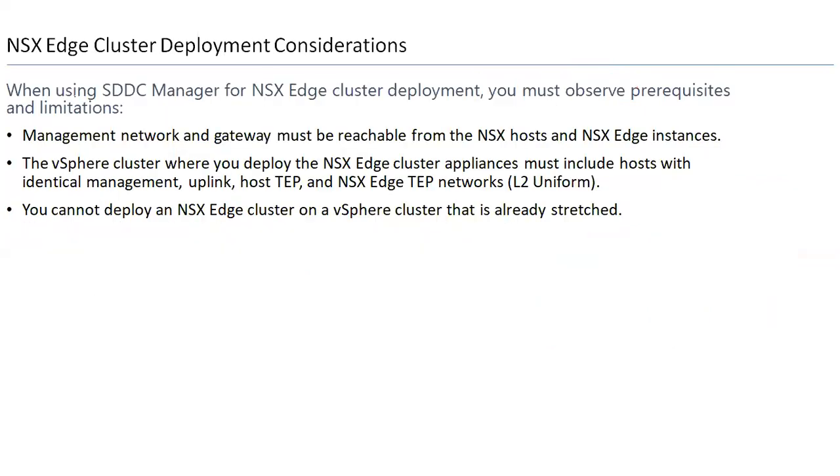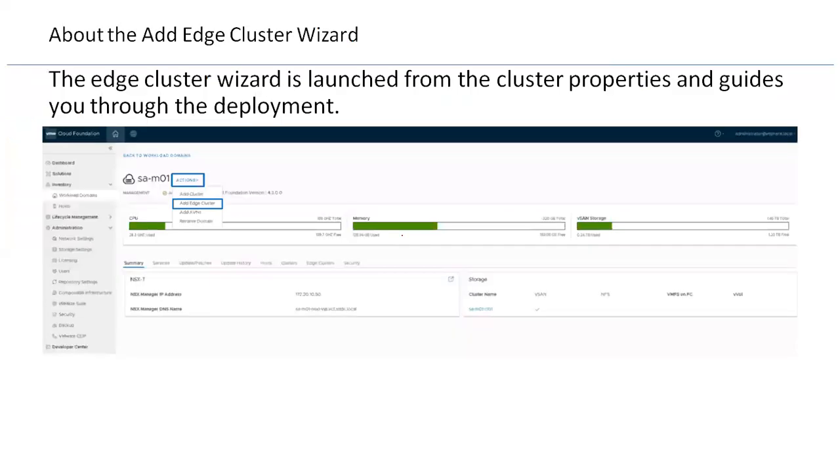As deployment considerations, the management network and gateway network must be reachable from the NSX host and NSX edge. The vSphere cluster where you deploy the edge appliance should include multiple hosts. All the traffic should be over an L2 uniform network, and you cannot deploy an edge cluster where a cluster is already stretched. These are the considerations we have to keep in mind.